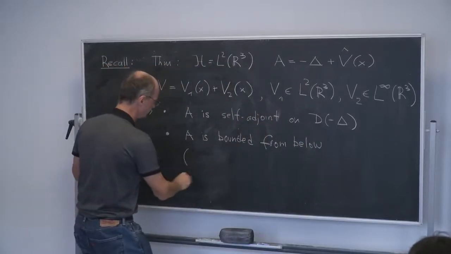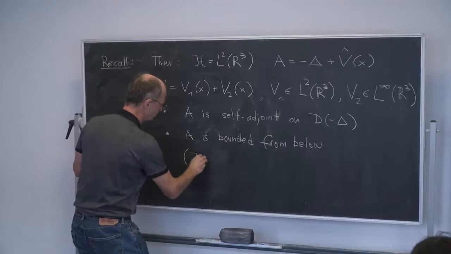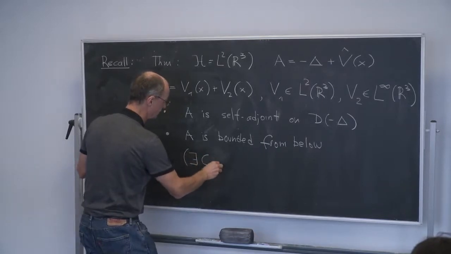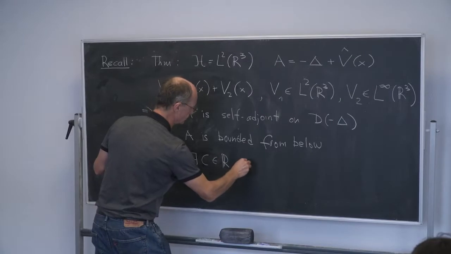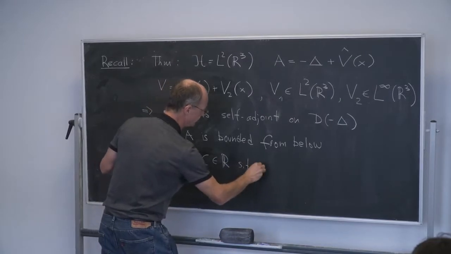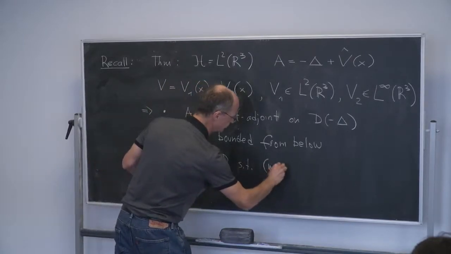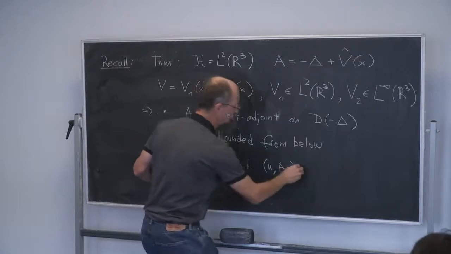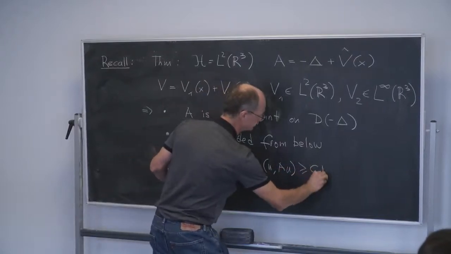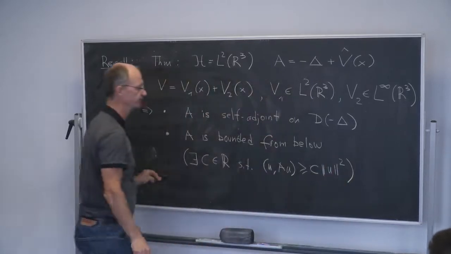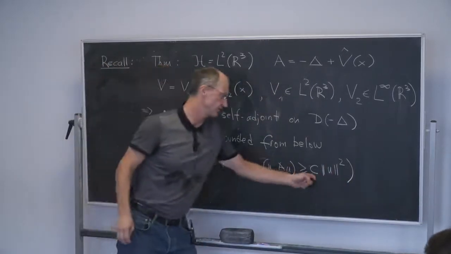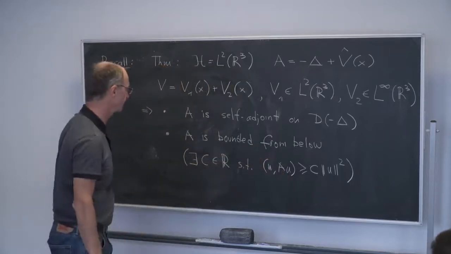Maybe I just briefly recall what it is. So this means that there is a constant such that the quadratic form is bounded from below by the norm square times that constant.